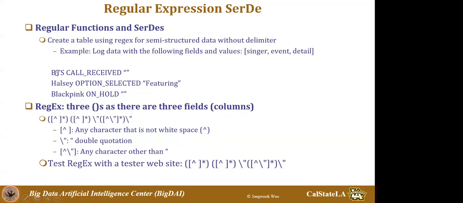So for example, your semi-structured data such as log data has 3 records, and as a human you can say there are potentially 3 fields: a signal field, an event field, and a detail field. So there are 3 columns that can refer to the data from each record. Signal can be BTS, Halsey, Blackpink, event can be call received, option selected, on hold, and detail could be a string that has some value or an empty value.